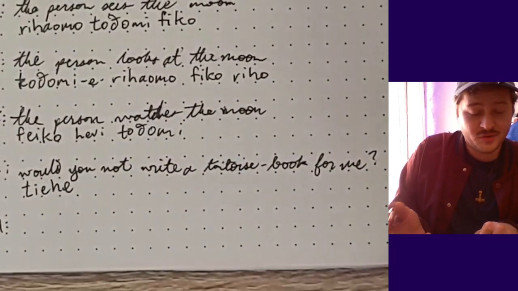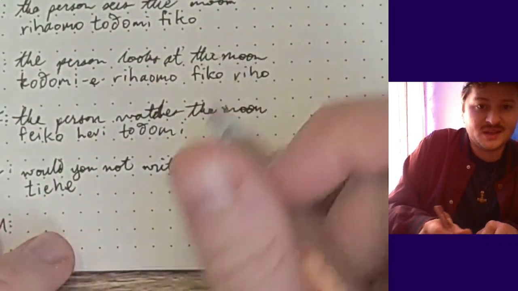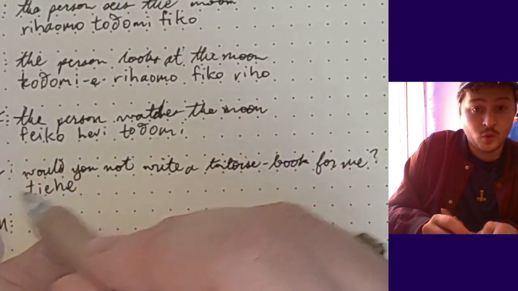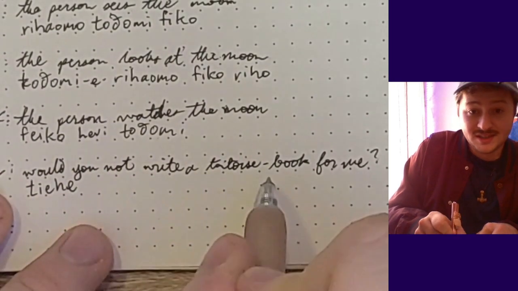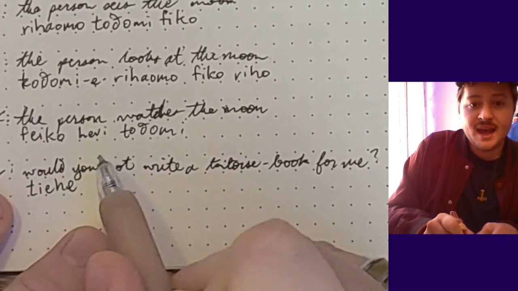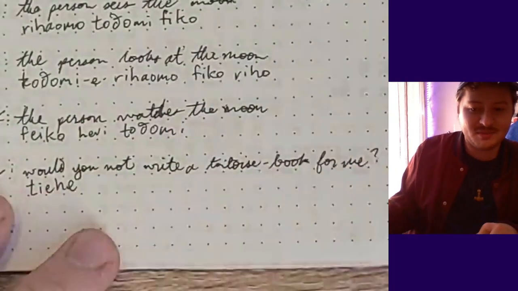Or wouldn't you do it is probably what we'd be more likely to say, but it's an irrealis because it's a would hypothetical, and it's negative because it's about wouldn't you, and it's a question. So we have the maximum amount of things on the verb.